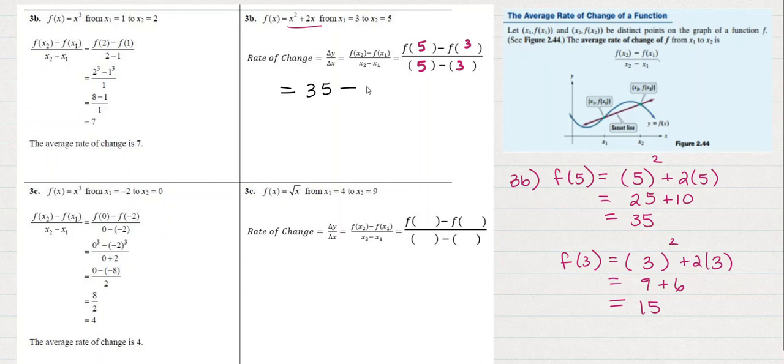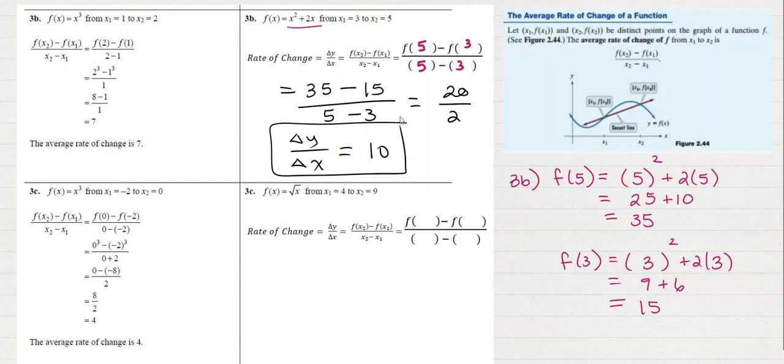F of 3, replace that with 15. Divided by 5 minus 3. 35 minus 15, 20. Divided by 2. So it looks like the average rate of change, the change in y with respect to the change in x, is 20 divided by 2, or 10.